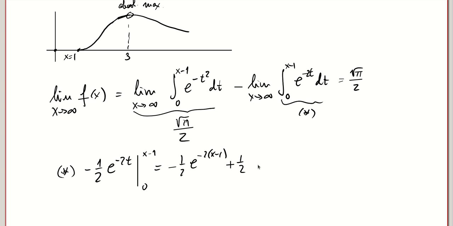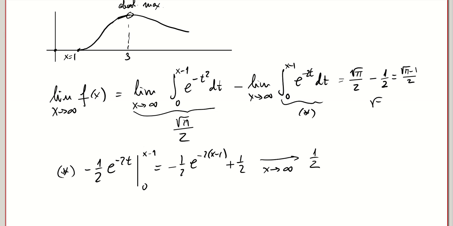Okay, so this is the value of the function. If we take the limit when x goes to infinity, the limit of the exponential is 0, because the exponential decreases, and this is 1/2. So we have to subtract 1/2. All right. So we have here a limit which is square root pi minus 1 divided by 2.